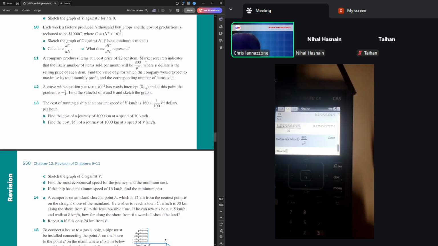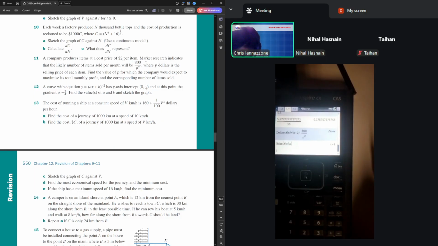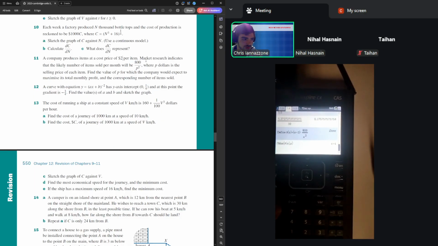Fmax of h of x comma x, and that just means our little p would be 4 there. Notably, we didn't need to find the actual profit that would achieve. It's just the p value that gets that monthly profit. So for this one, we're going to end up with p equals 4 here.